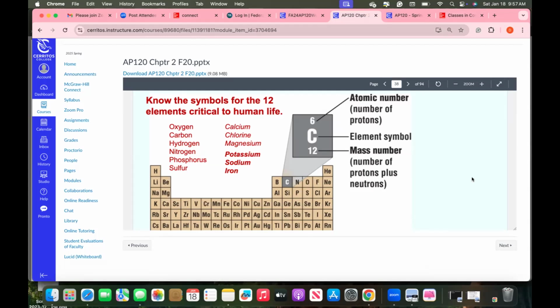So you've got carbon, nitrogen, oxygen, phosphorus, sulfur, chlorine. Magnesium is Mg. It's in the second column over here on the left. Don't confuse magnesium with manganese, Mn, over here.